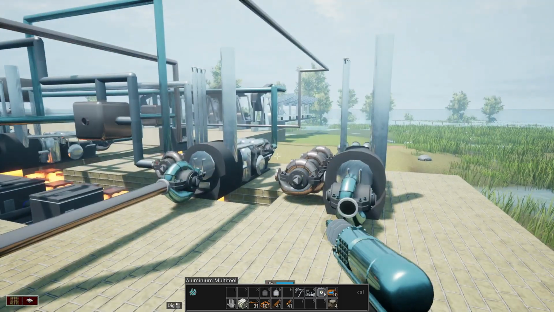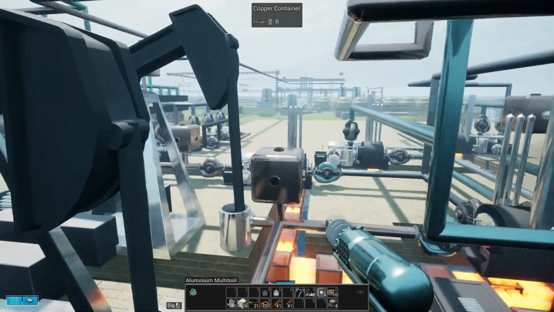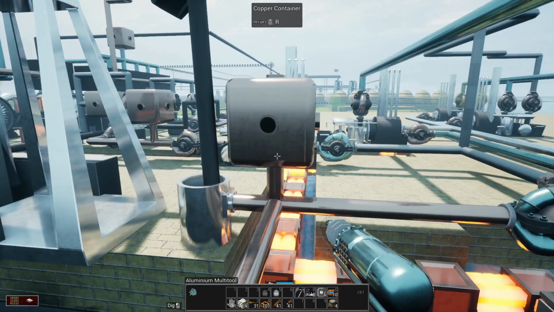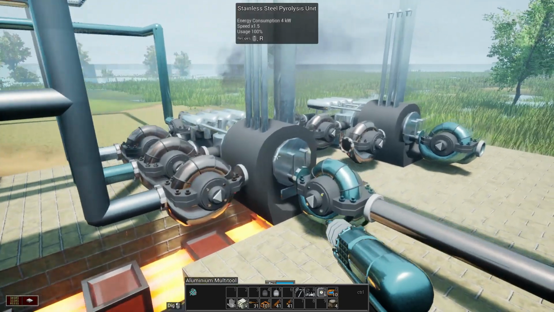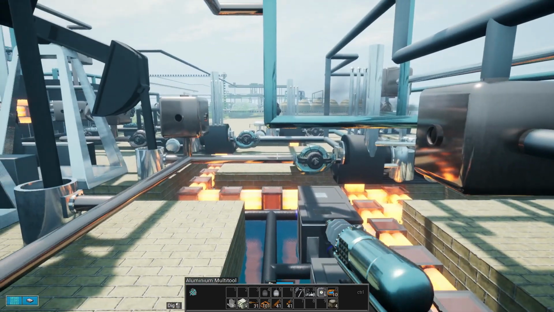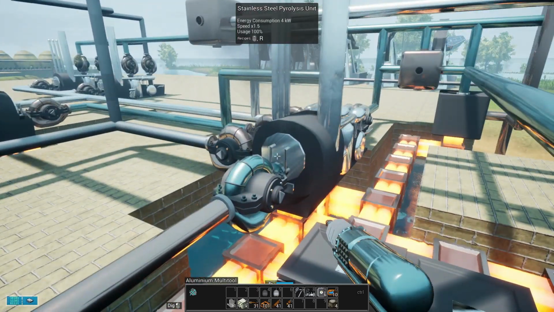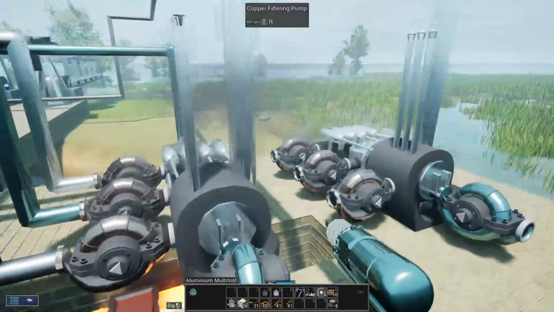We could try for a jillion more stainless steel pump jacks until we have enough to have a surplus of oil to keep this running nonstop and also this running nonstop. I think we've met our oil criteria for now. The fact that it's not piling up bothers me, but at least at the moment, we'll be okay.